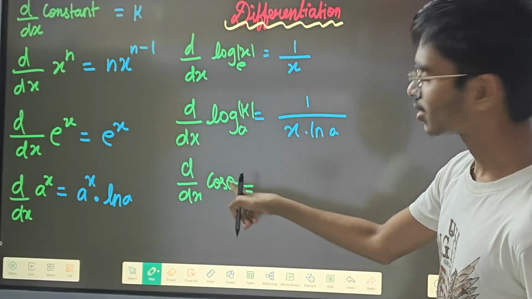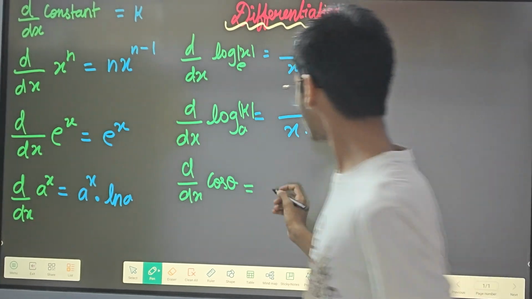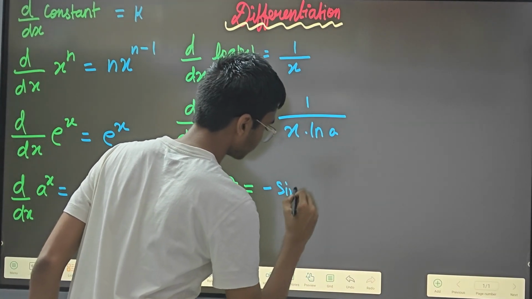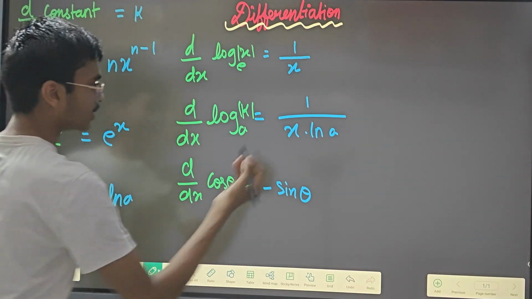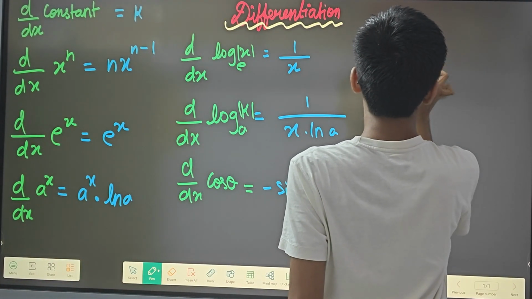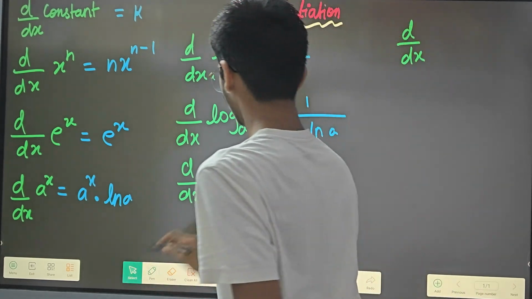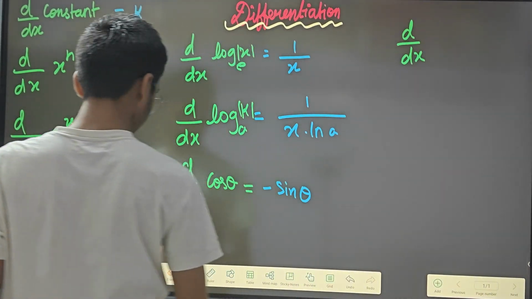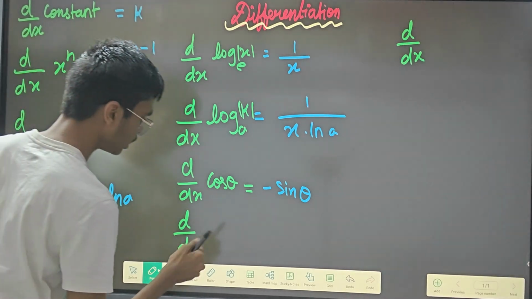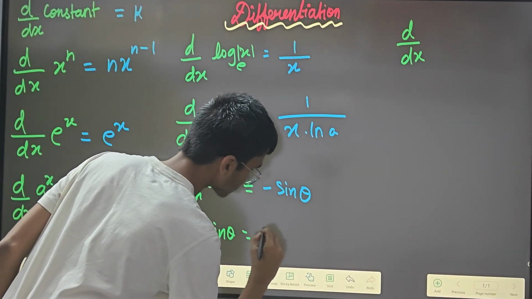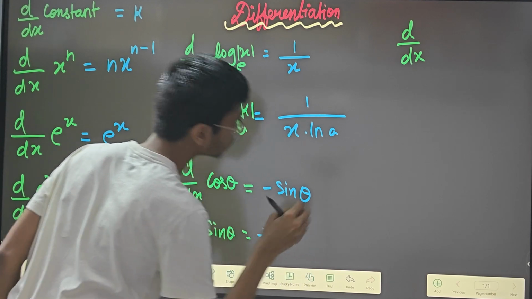So d by dx of cos theta will be turned into minus sin theta. And d by dx of sin theta is equal to plus cos theta.